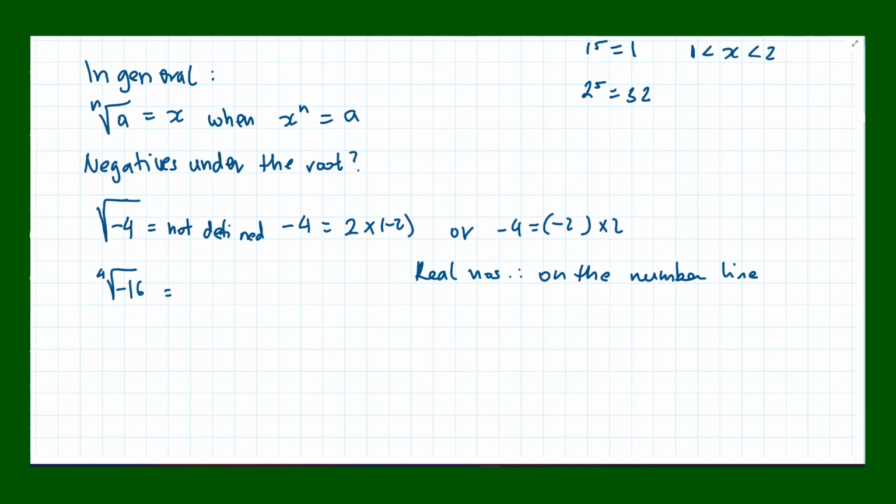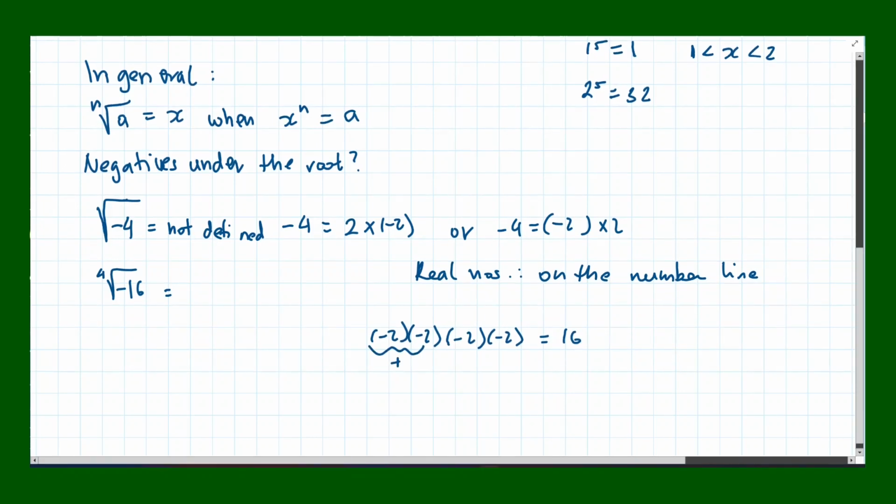Well, I'm facing the same problem again, because as soon as I multiply negative numbers an even number of times, for example negative 2 times negative 2 times negative 2 times negative 2, that yields positive 16, because these two cancel to positive and these two again cancel to positive.